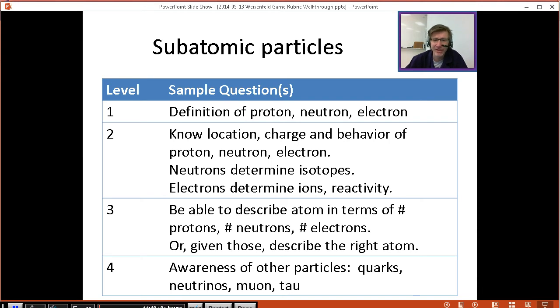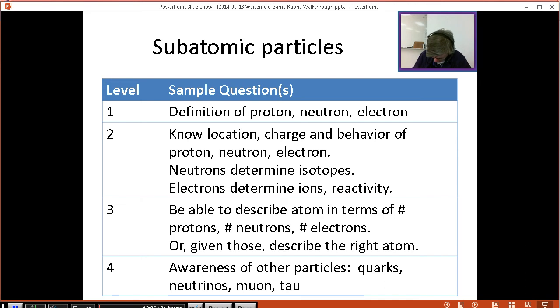Level 2, you need to know that neutrons determine isotopes, electrons determine ions and reactivity. So you need to know how these subatomic particles affect the atom. Be able to describe an atom in terms of the number of protons, number of neutrons, and number of electrons. Or if I give you those, you need to tell me about which atom I'm talking about. That's all about subatomic particles.